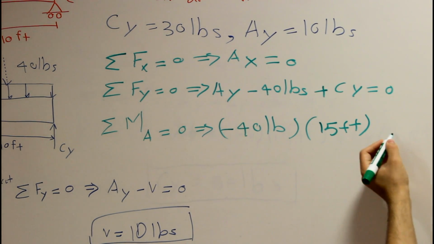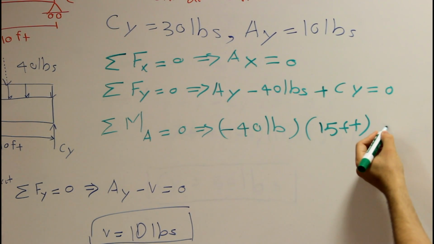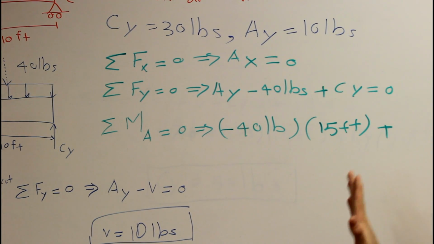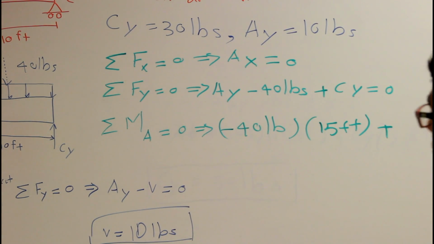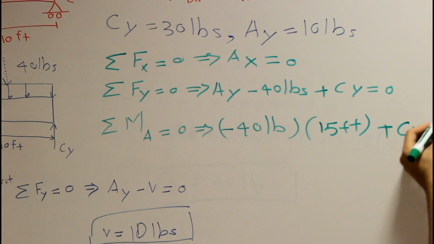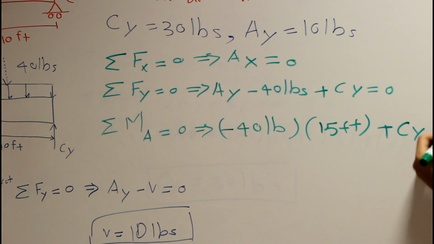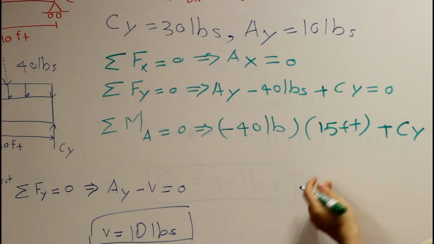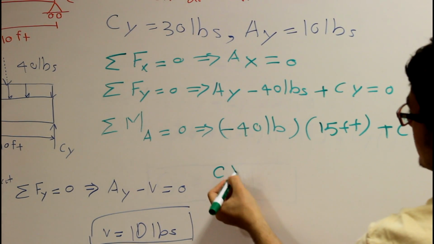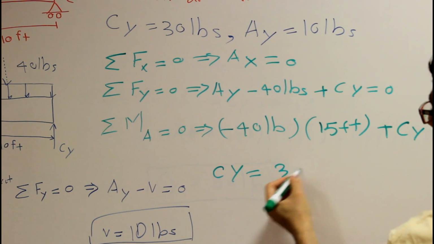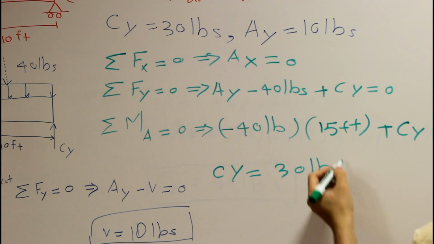And then we have the other force Cy, which is going out of the page. That means we add Cy multiplied by 20 feet, which is the distance from point A to C. Why point A? Because we decided that we are going to calculate the moment around A. If we calculate the moment around B, then everything will be different, but we will end up with the same answer.